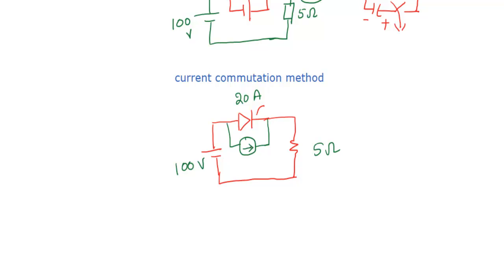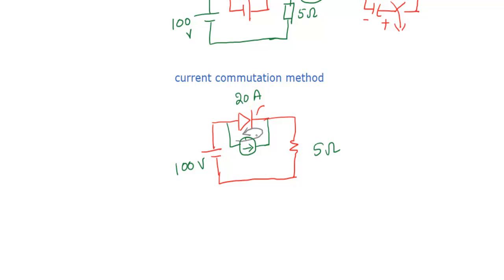So we will apply the sudden reverse current to the conducting thyristor. That means if you connect this current source like this, it will supply the current like this. If you want to turn off this thyristor using the current commutation method, this current must be more than the conducting current, or carrying anode current, of the thyristor.